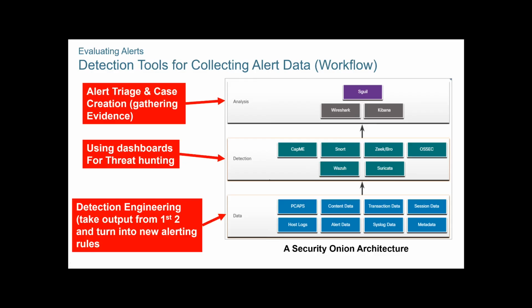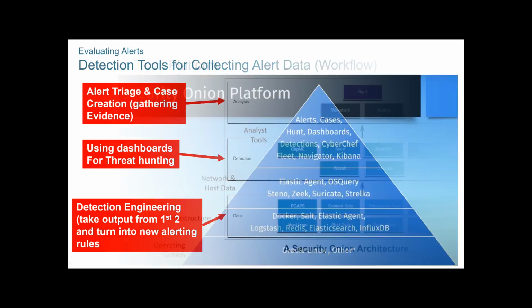Then after that, with the data, you're taking the output from the analysis and the detection, and you're either using an existing rule or you're creating a new rule. So all of this is just part of the Security Onion architecture, but there's more to it. But this is kind of the part that you need to know.